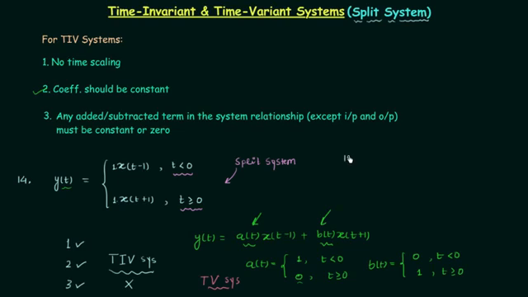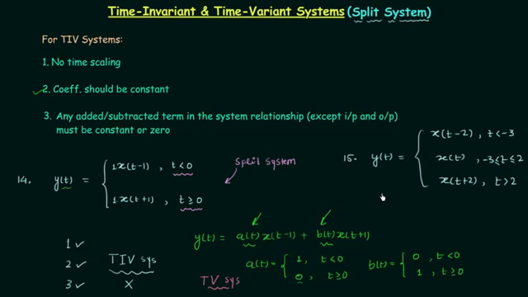In the 15th problem, output y(t) is equal to x(t minus 2) when t is less than minus 3, y(t) is equal to x(t) when t is greater than or equal to minus 3 but less than or equal to 2, and y(t) is equal to x(t plus 2) when t is greater than 2.